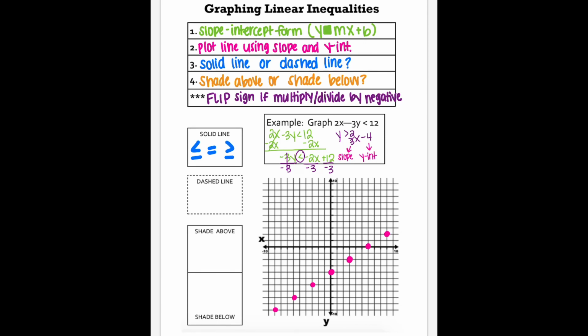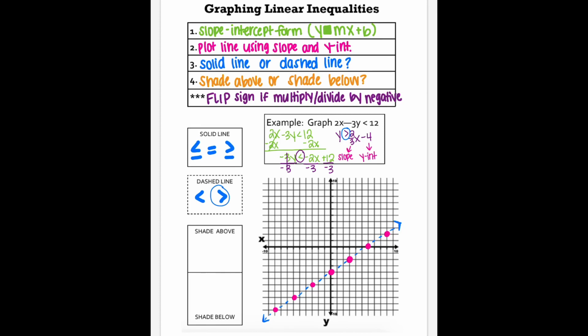And a dashed line will come if you just have the less than or the greater than. Okay, we have a greater than symbol. So we need a dashed line. So I'm going to connect these dots with just some little dashes, and then draw my arrows on the ends.